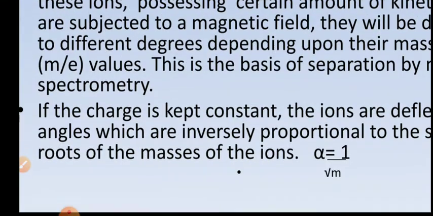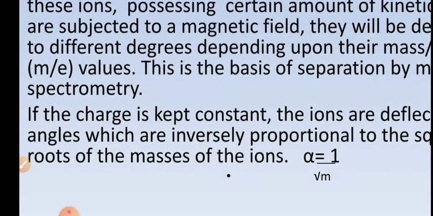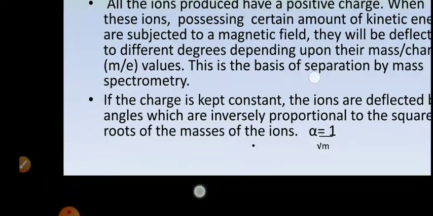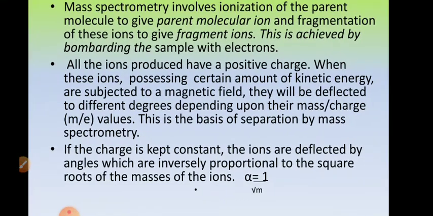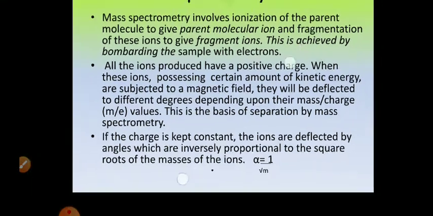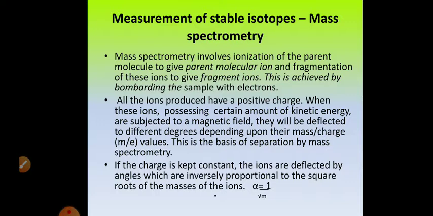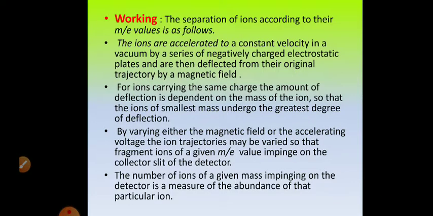So if you keep the charge constant, the angle by which the sample molecule is deflected is inversely proportional to the square root of its mass. So alpha is equal to 1 upon square root of m.